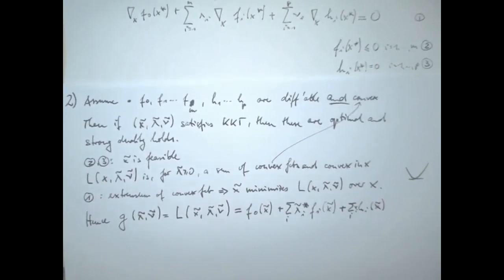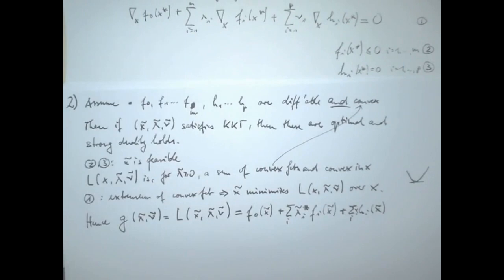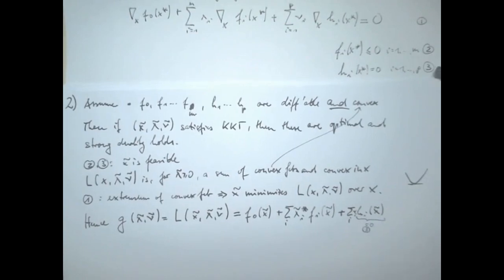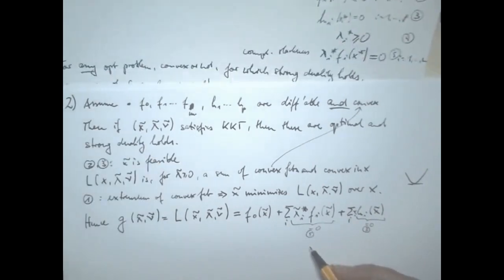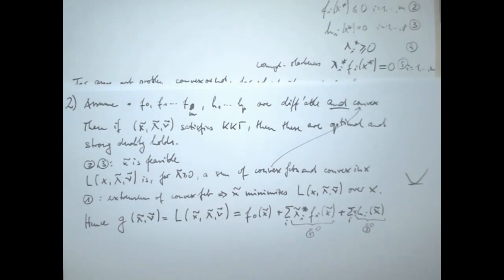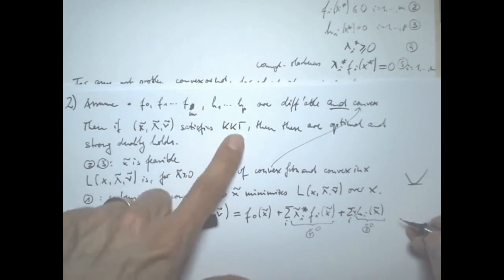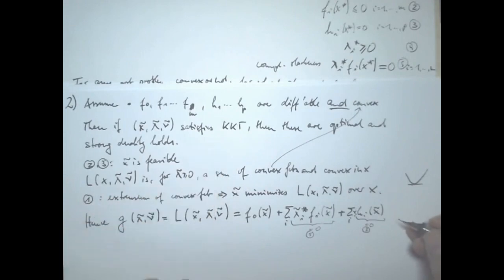Okay. Now, we said that we wanted to be feasible, so h_i was 0 according to equation 3. And this here was 0 according to complementary slackness, equation 5, because we were assuming that these variables satisfy the Karush-Kuhn-Tucker conditions.